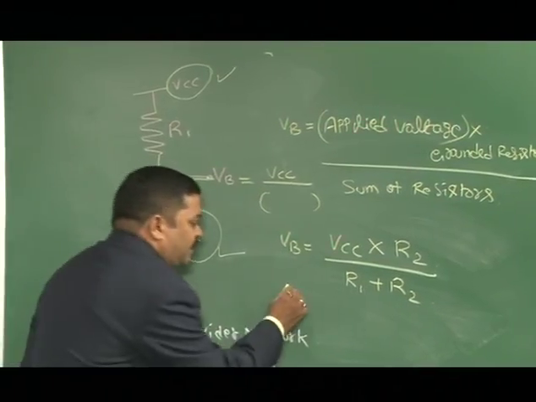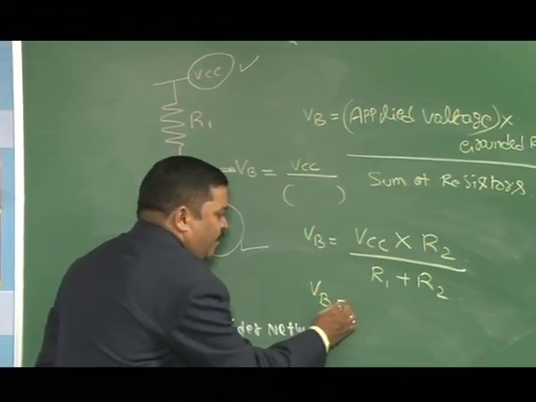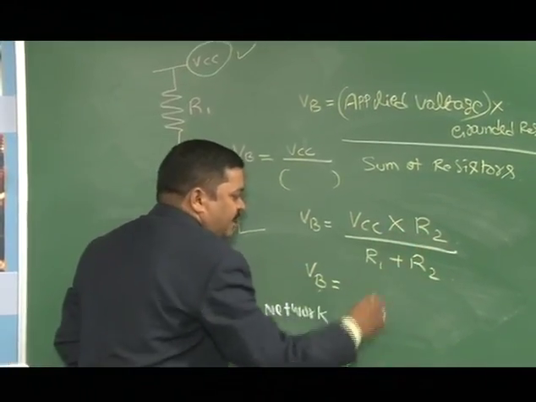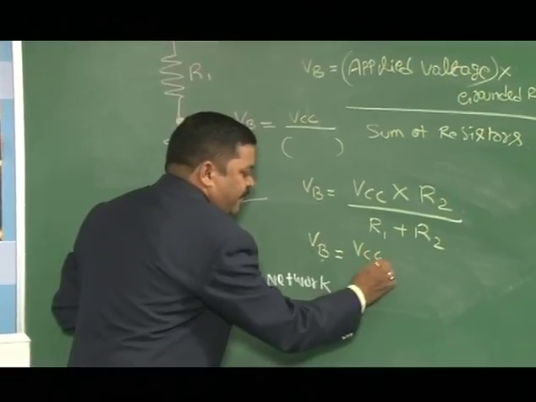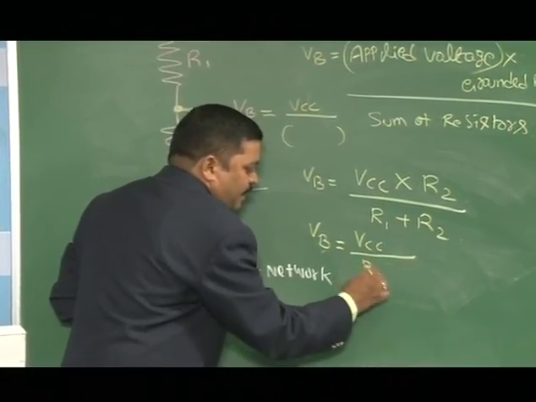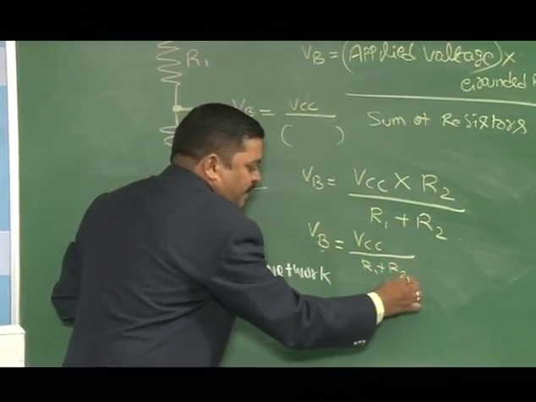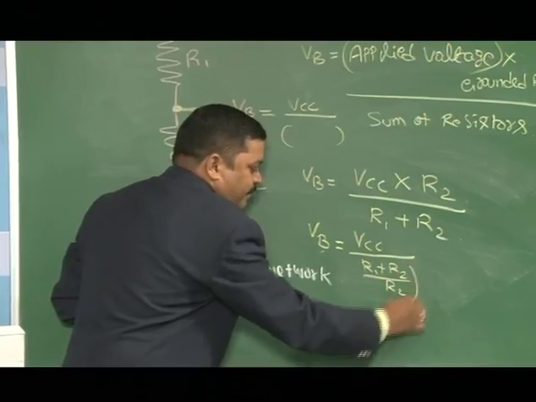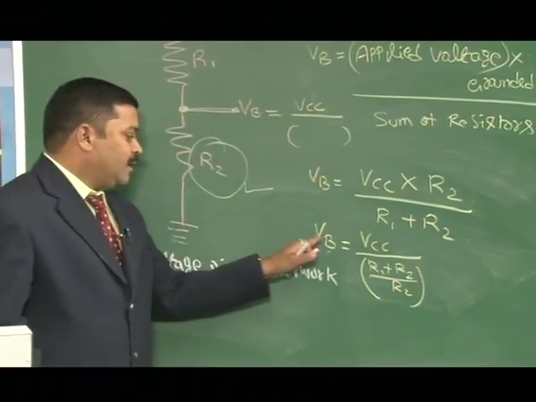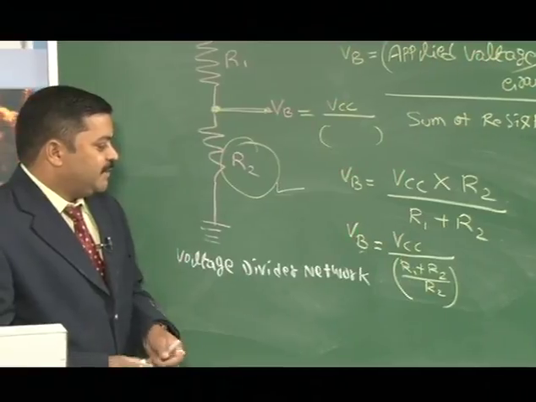So, VB can be written with this R2 taken to the denominator. Therefore, VCC gets divided by R1 plus R2 divided by R2. Now, why is this called a voltage divider network?